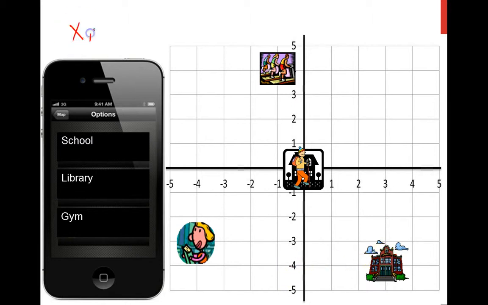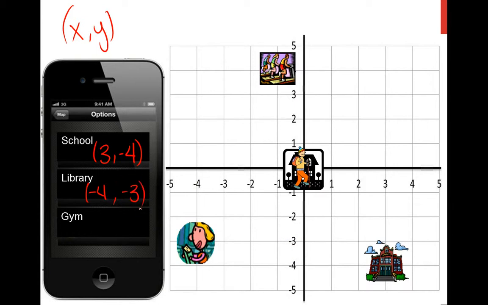Remember, it always goes x, y. So the school is at 3, -4. Next, he goes to the library, where we can see the library is in the 3rd quadrant here. She has the book. The library is located at a -4 for the x and a -3 for the y.